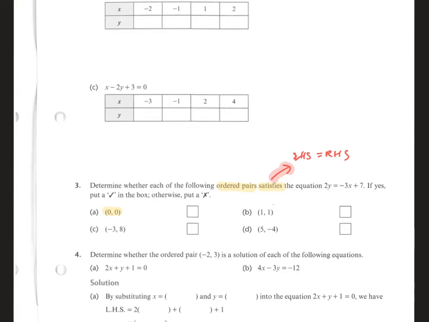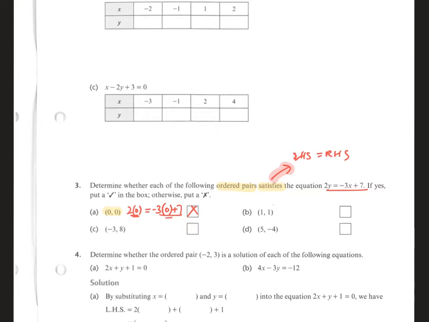So now we can do the substitution. Because we do not need steps, I put 0, 0 into this equation and make a very quick rough work here. 2 times 0 is equal to minus 3 times 0 plus 7. On the left is 0. On the right is 7. So that's why it's wrong.